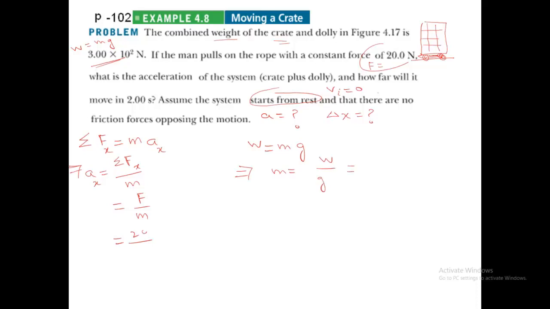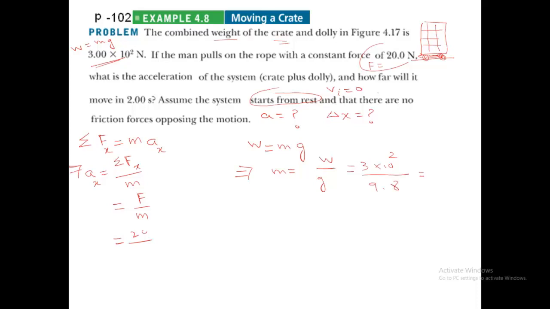W is 3 times 10 to the power 2, divided by 9.8.